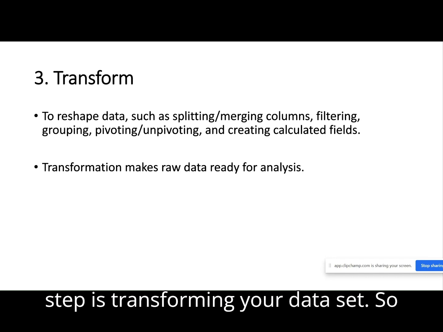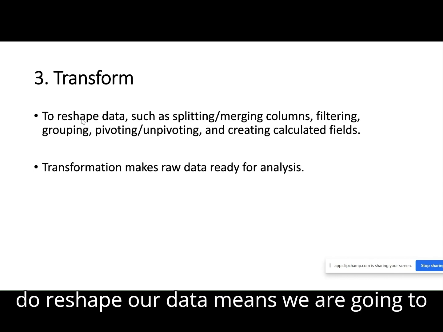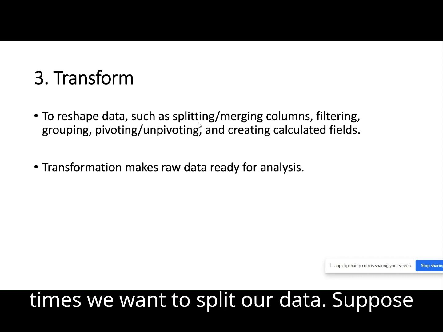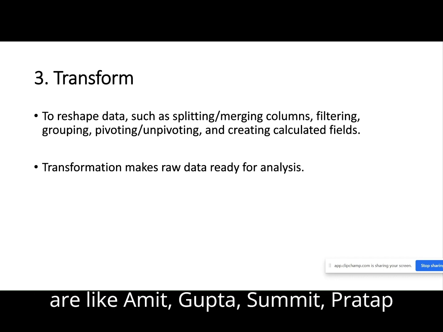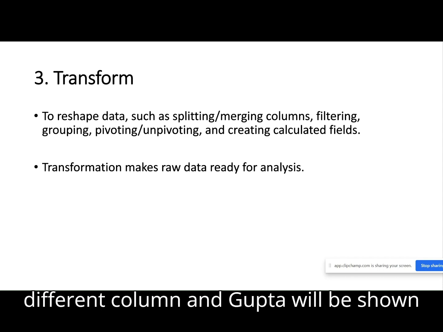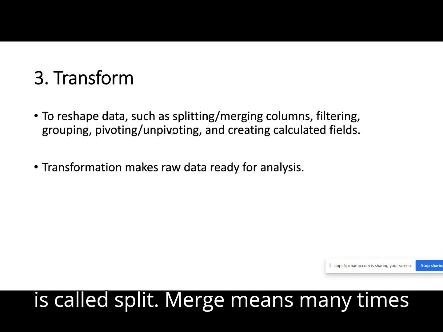Now the third step is transforming your data set. Transforming means we want to reshape our data, or change the shape of our data. Many times we want to split our data. Suppose in a column the names are like Amit Gupta, Sumit Pratap, and we want Amit shown in one column and Gupta in another. That is called split.